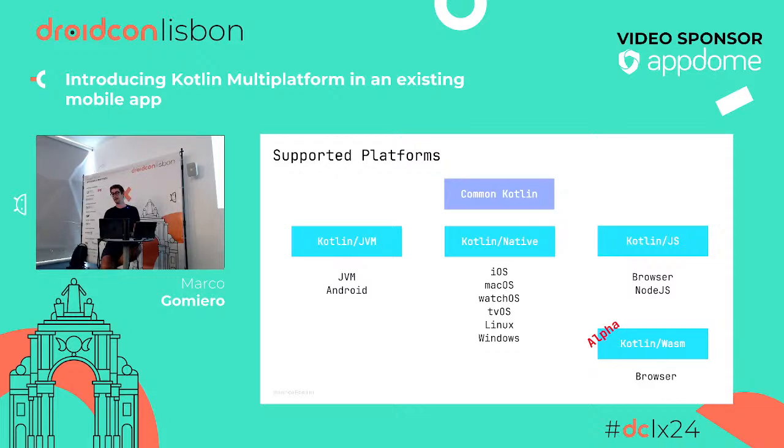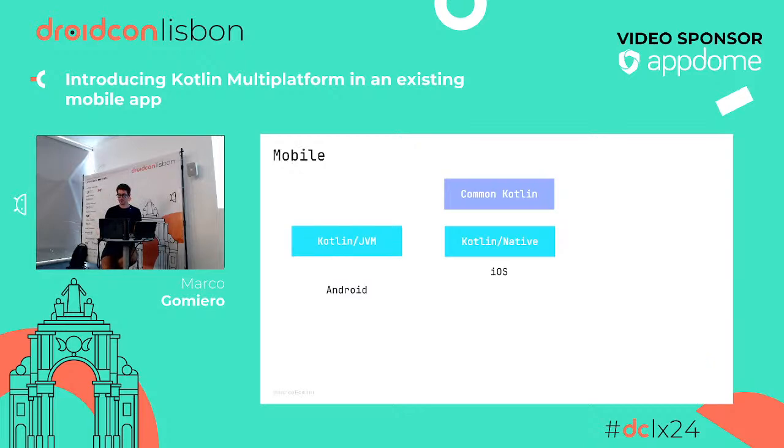And finally, at the end, there's also Kotlin Wasm to run Kotlin on WebAssembly. It's still in alpha, but it's looking interesting, and it's going to be interesting in the future. But today, as I was saying, we are focusing just on mobile, so only on Android and iOS. But you can extend things to the other platforms if you need.